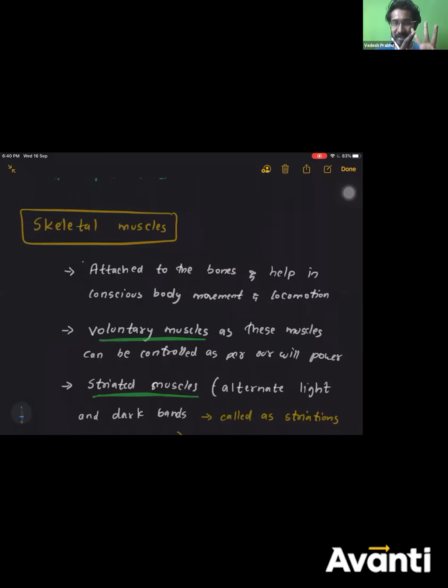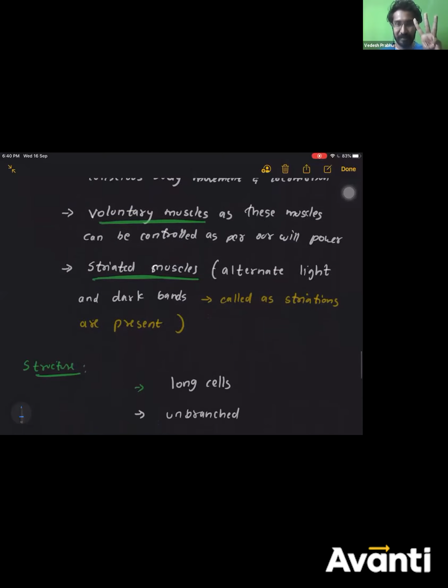Why skeletal muscles? Because it is attached to the skeleton. Why voluntary muscles? Because this can be controlled as per your will. Why striated muscles? Because of the striations, the dark and light bands present when you look at that under the microscope. So, three names.